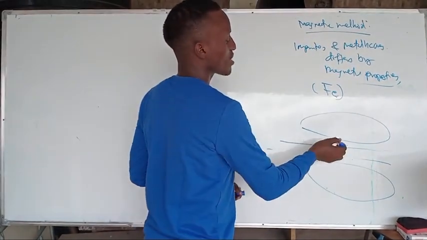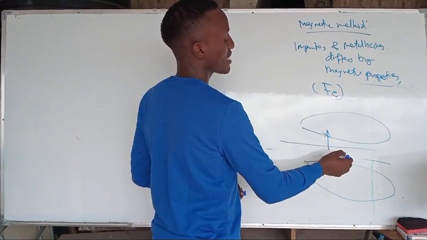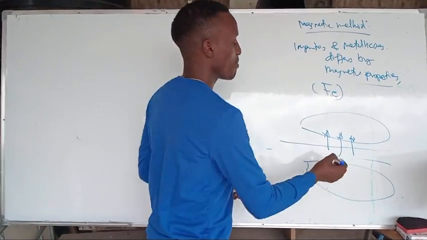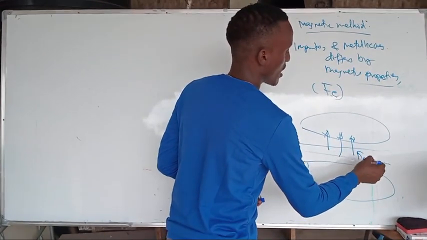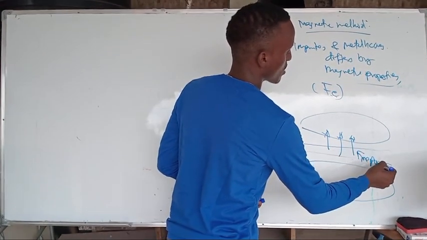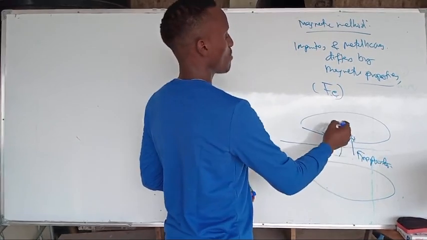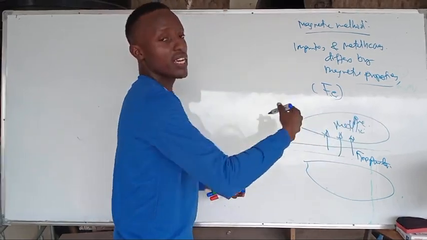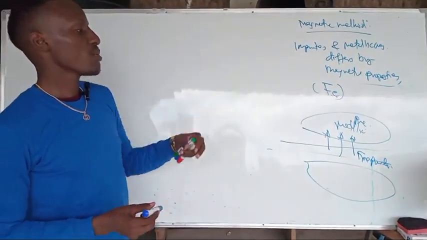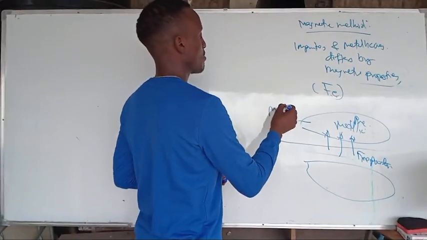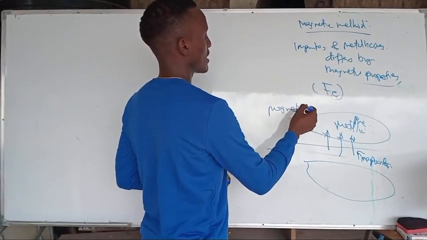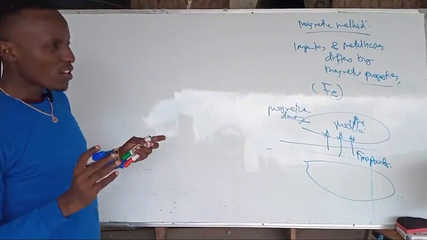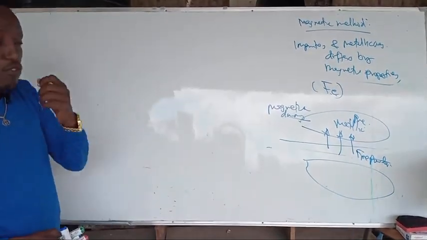The metal containing iron, the magnetic metal, will be pulled from the mixture of fine powders. So the pure metallic ore will be pulled up to the magnetic drums. That's how we do the magnetic method of concentration.